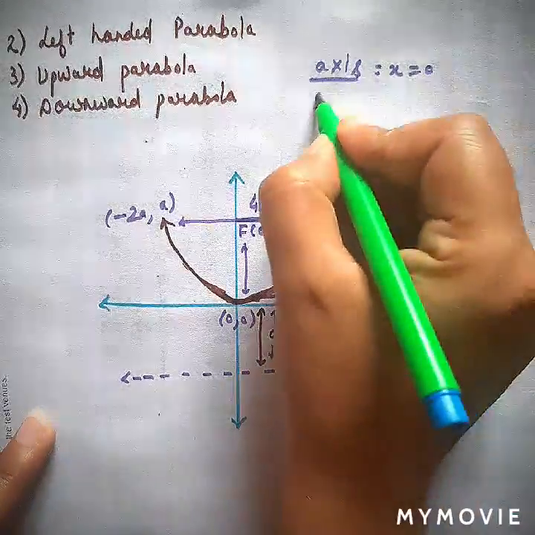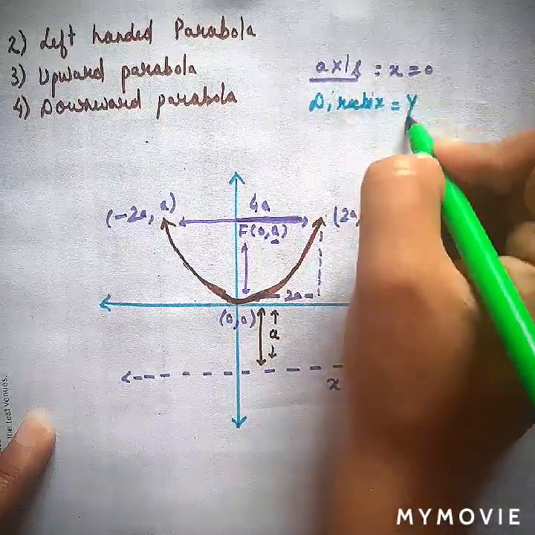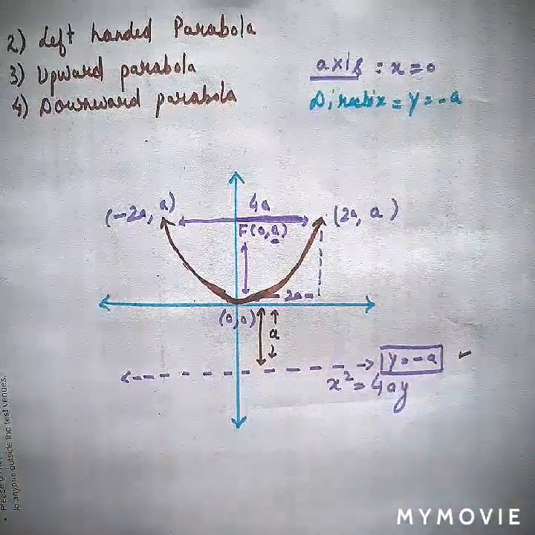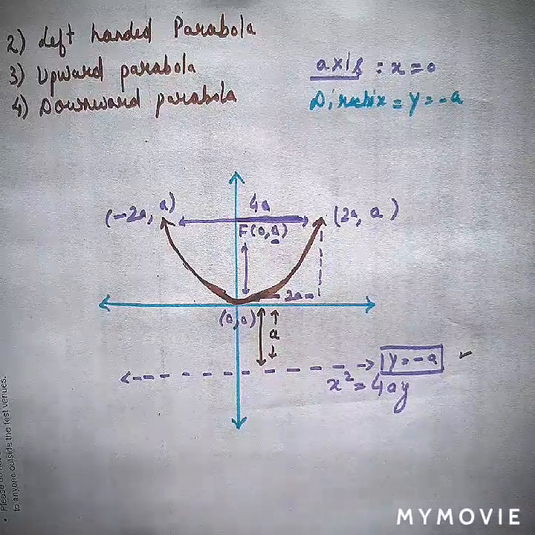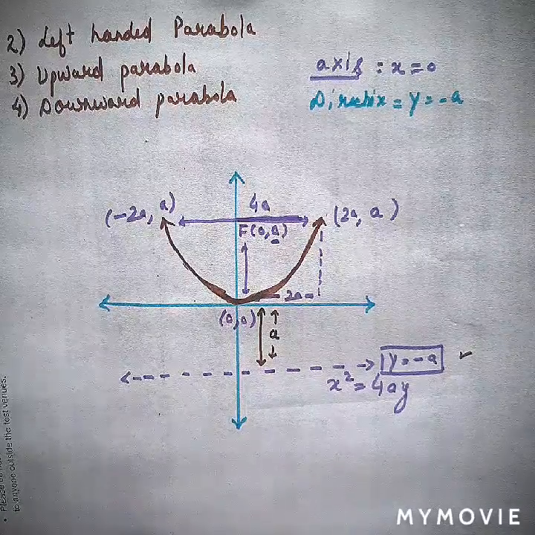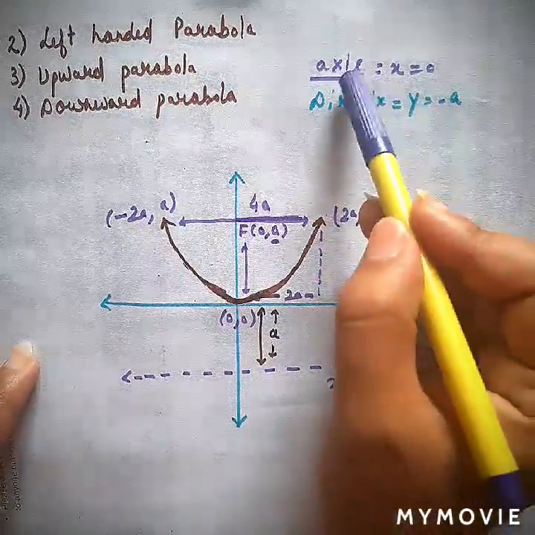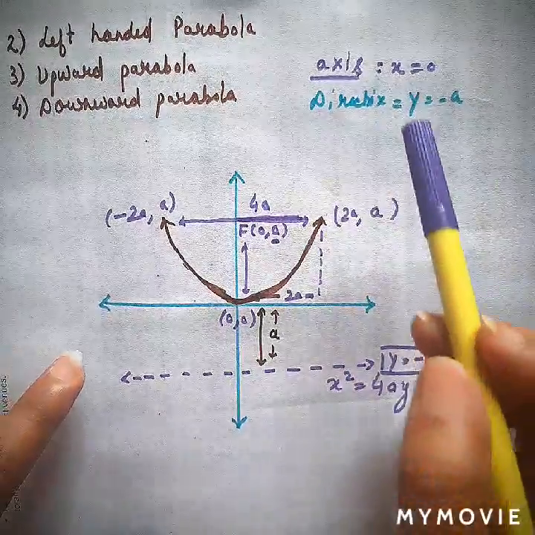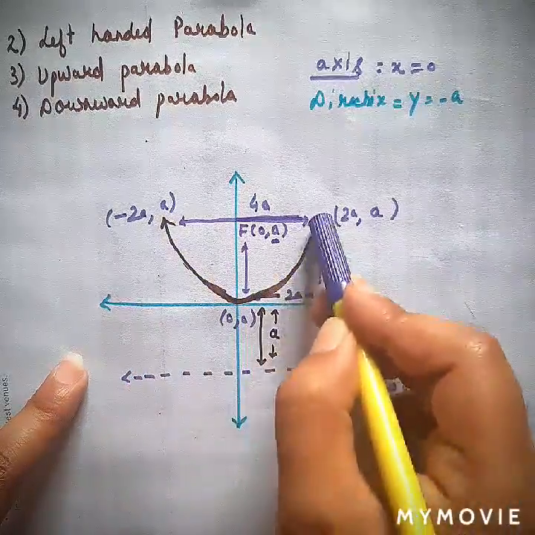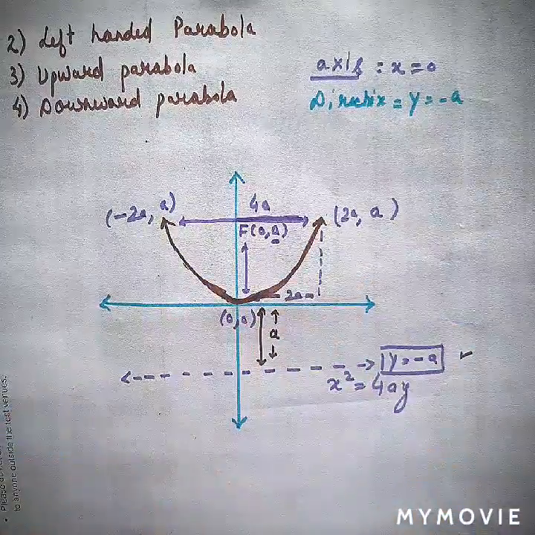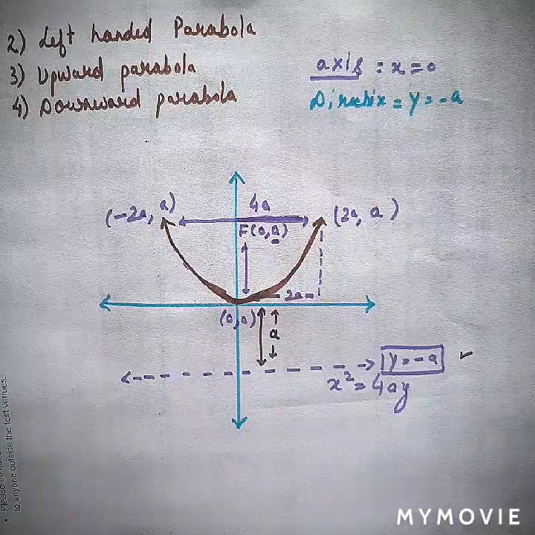Let me write over here. This is the equation of the directrix. And the axis of this parabola will be x is equal to 0. We are drawing this parabola on the y-axis, so x will be equal to 0, meaning we will consider that x is equal to 0 in this case.